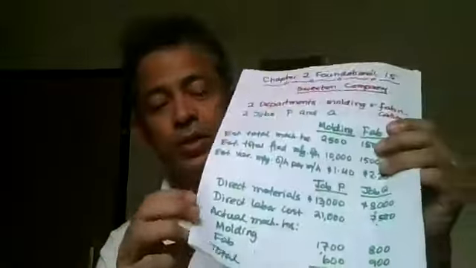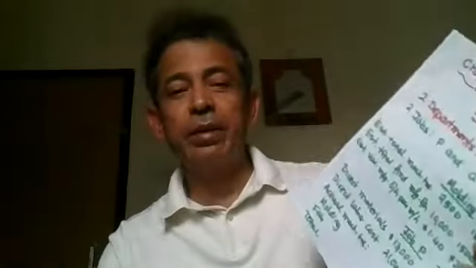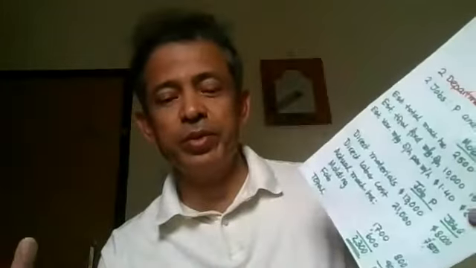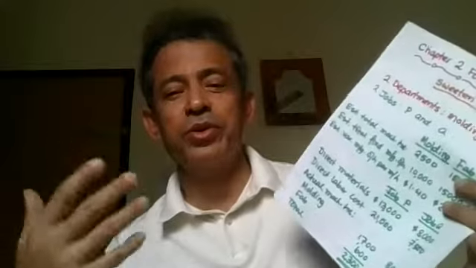It's like a 2x2 matrix. Both the jobs have gone through both the departments. So don't forget, both P and Q went through both molding and fabrication departments. When you visit a place, you consume their overhead.